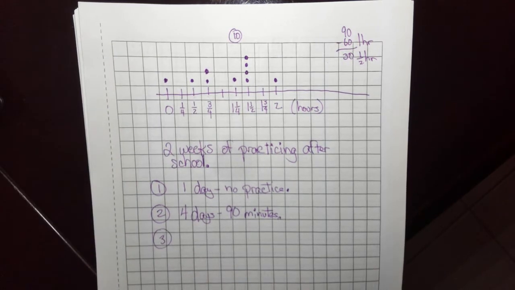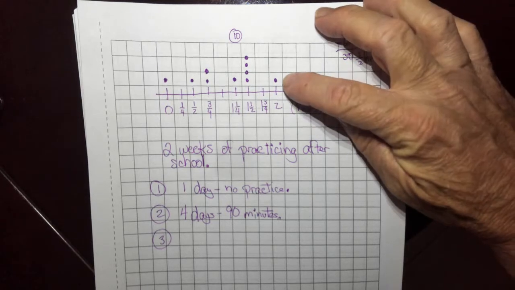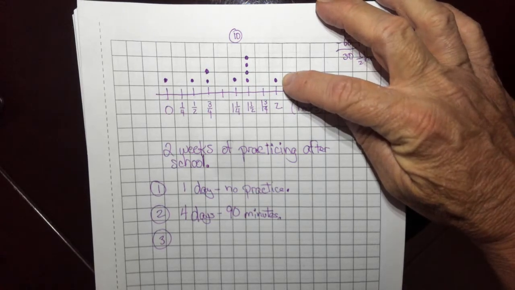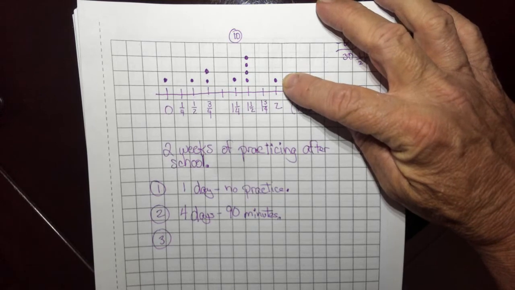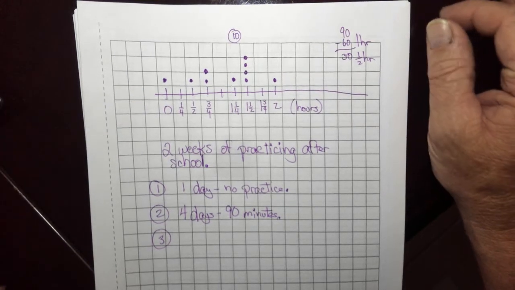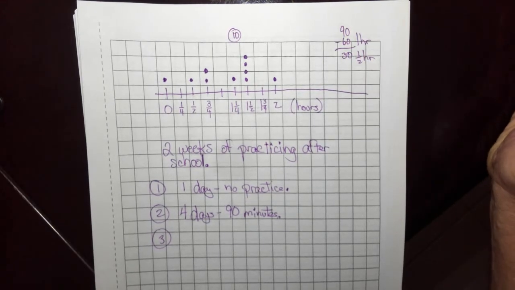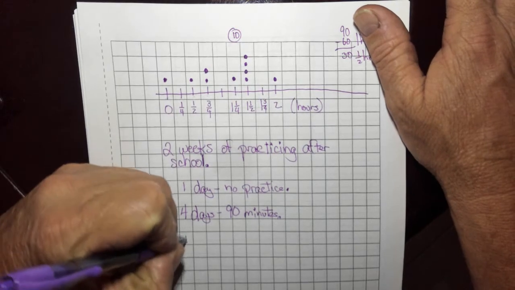Problem number 3 says, write a sentence that compares the greatest length of time Raphael practiced to the least. Okay, so when I look at the dot plot, the greatest amount of time he practiced is 2 hours. And the least amount of time he practiced was none. He didn't practice any on 1 day. So I can make a sentence that says that, okay?